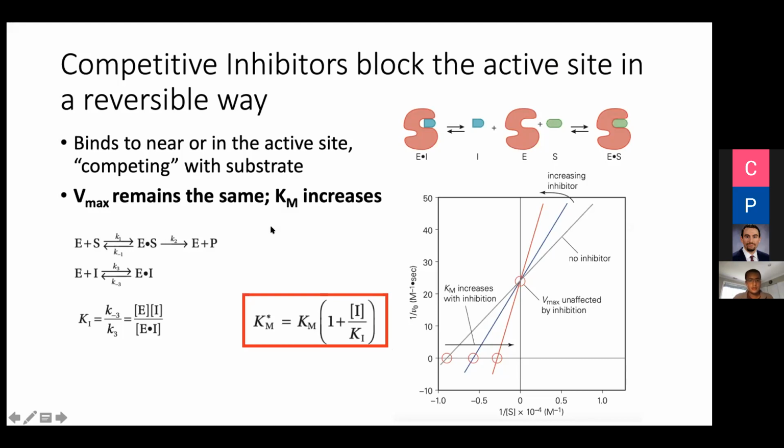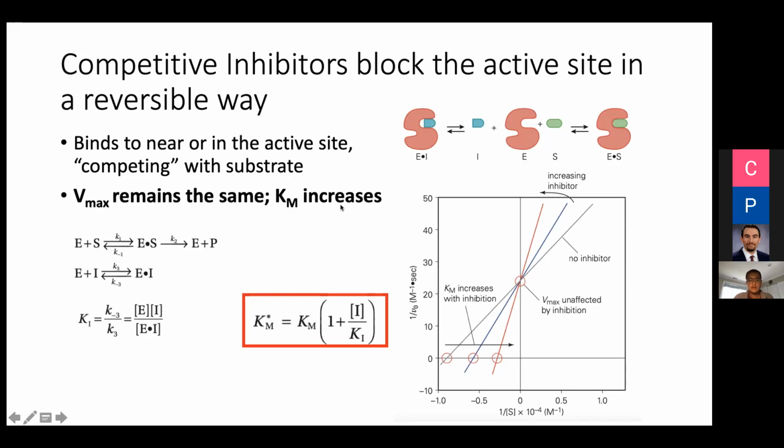And I just want to say conceptually why this is happening. The Km increases because, as you can imagine, if the substrate is competing with the inhibitor, it'll take more substrate to actually reach half of the Vmax, because they're binding to the same site. So that's why the Km increases.